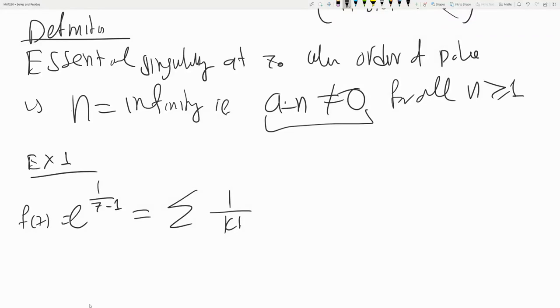Just use the usual expansion for the exponential because it's defined everywhere.